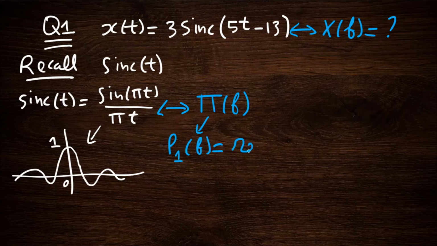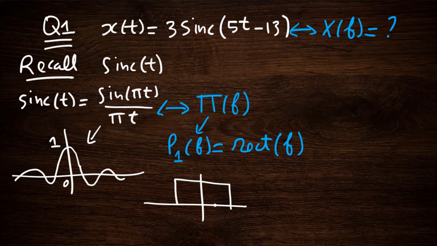Other people call it rect because it's a rectangular pulse. And it looks like this. From minus half to half, the signal is 1 and 0 otherwise. This is f. So pi of f is given by this. The rectangular pulse is the Fourier transform of sinc of t.